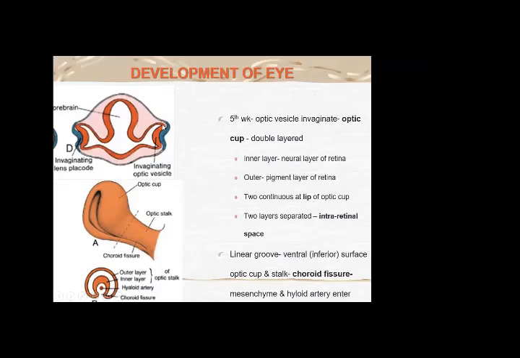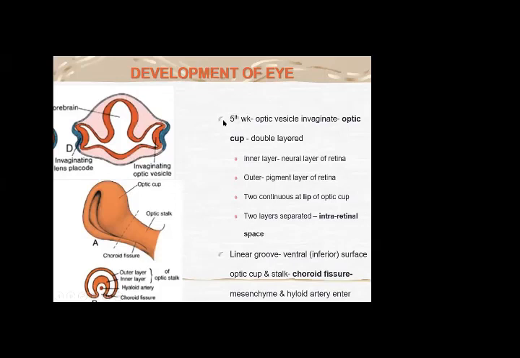Now this optic vesicle invaginates, deepens. Okay? When it invaginates, this part becomes cup-shaped. This is called the optic cup. Now it has become double layered. This is the outer layer and this is the inner layer, and together we have the formation of the optic cup.